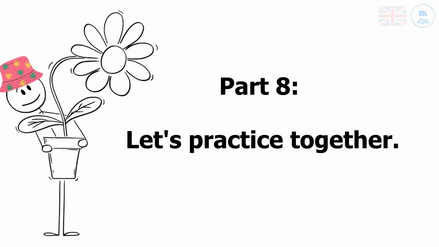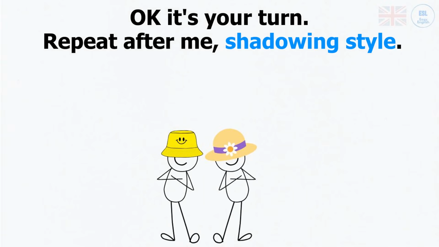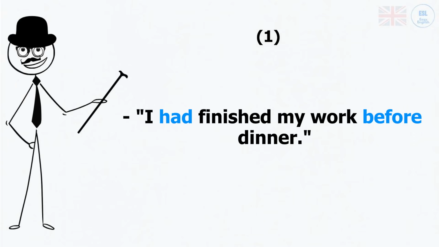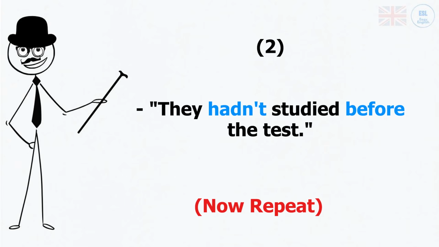Part 8. Let's practice together. Okay, it's your turn. Repeat after me, shadowing style. I will say the sentence, and then you repeat. 1. I had finished my work before dinner. 2.